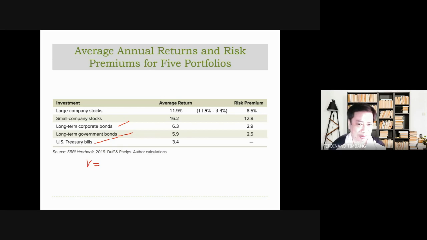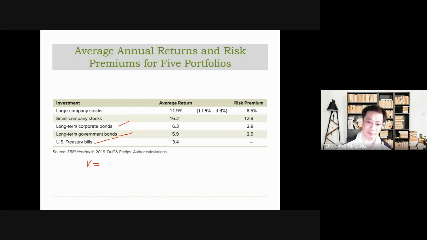Doon sa book ni Jordan, yung sa valuation book, he took the lower 20% of the New York Stock Exchange. Yung naman large company stocks na yun, it came from the Dow Jones, yung 500 na top corporations.